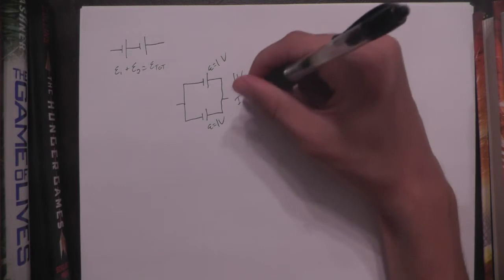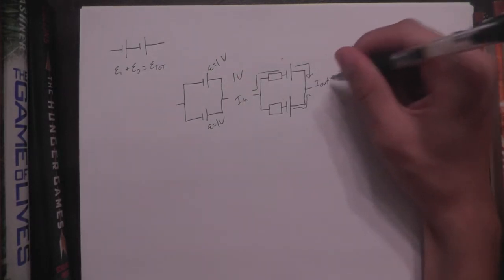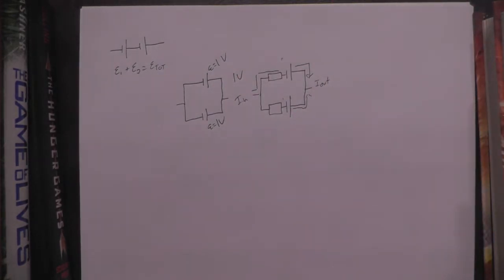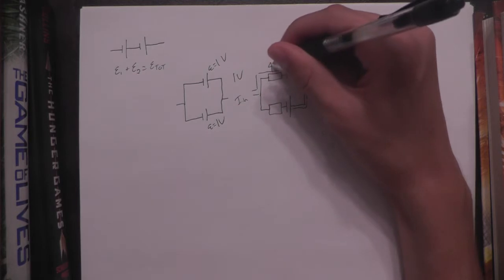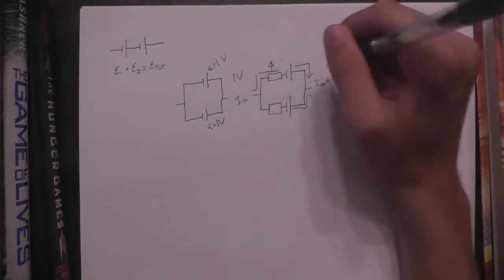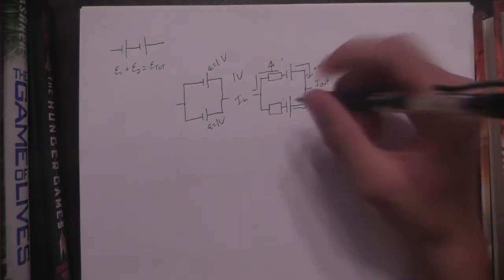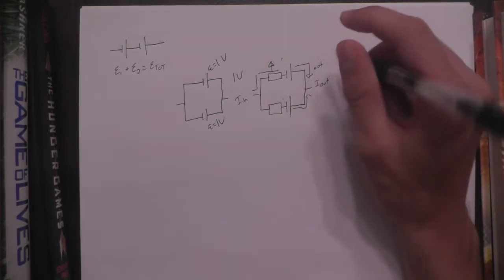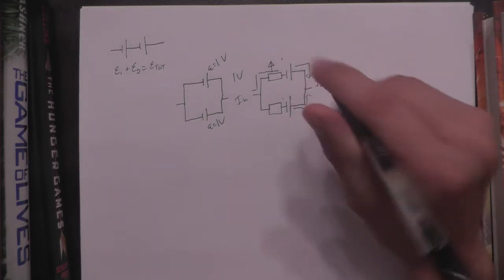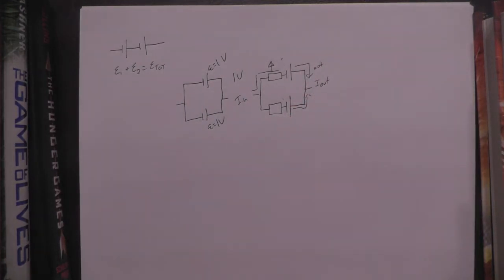And that means the current in is not going to equal the current out, which can't be true. So you have to account for the resistance. The resistance is going to take away some of the energy here and make this equal. And because this resistance is smaller, it's not going to do quite as much, so it's just going to end up equaling out in the end. But still, that's really not important. They're probably not going to give you a problem where they ask you to calculate two cells in parallel. It's just a bit too complicated.